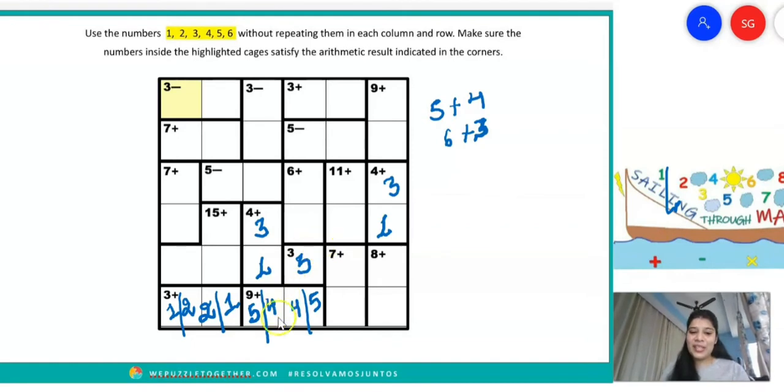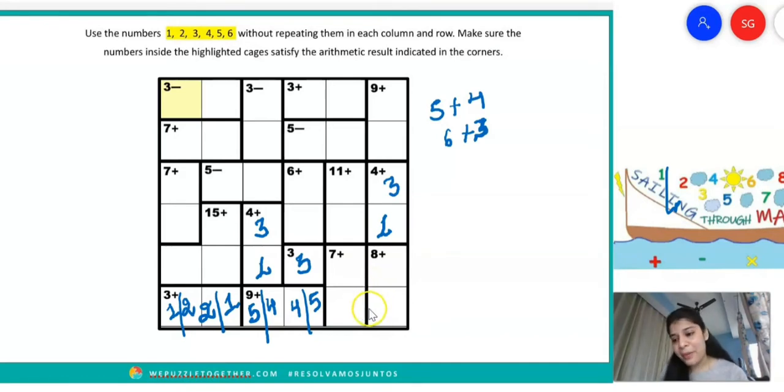Right. Now see, the numbers 1, 2, 5 and 4 are already used. Now, in this block and in this block, what are the possible numbers which can come?